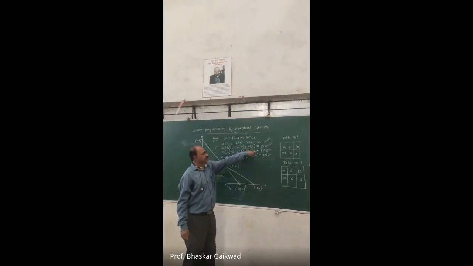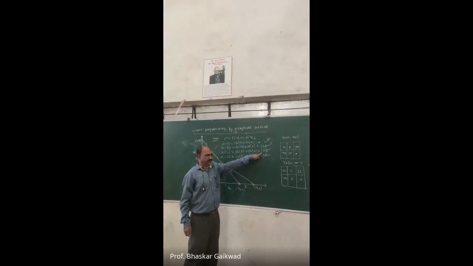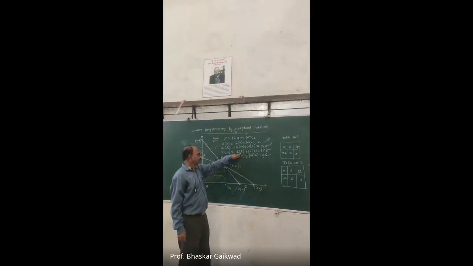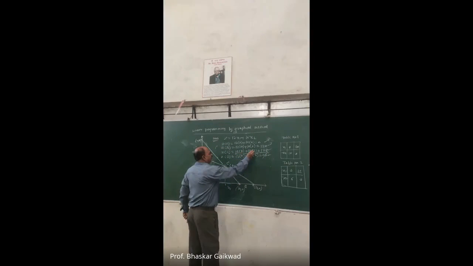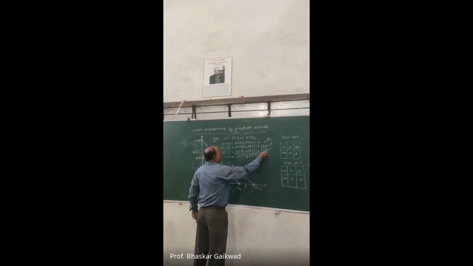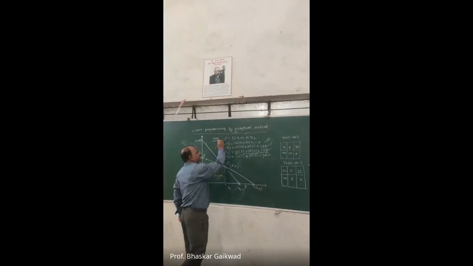Out of these, which is the maximum? 120. Correct. So this 120 is the maximum. So you can put x1, x2 here, and the maximum answer Z is 120.